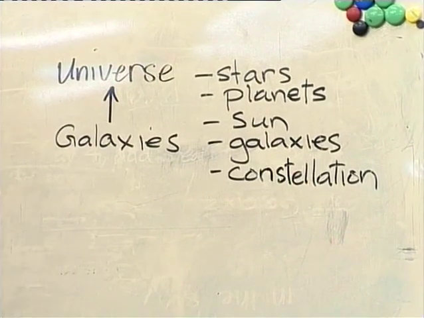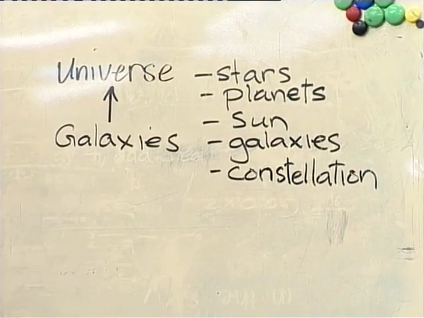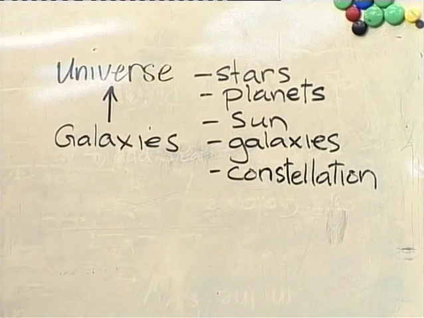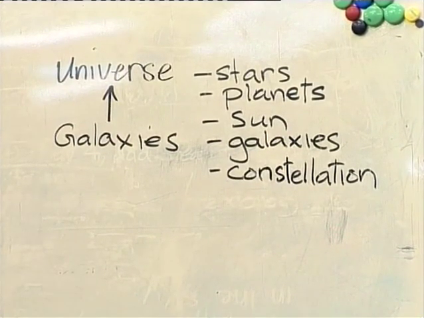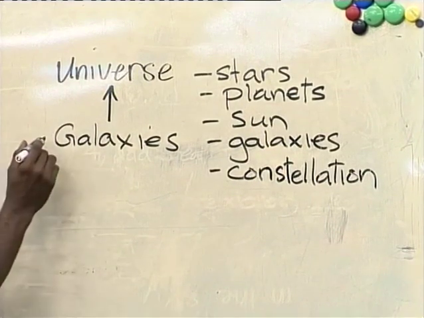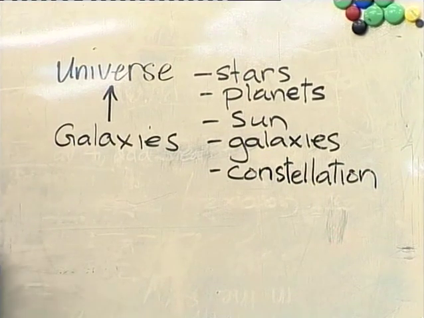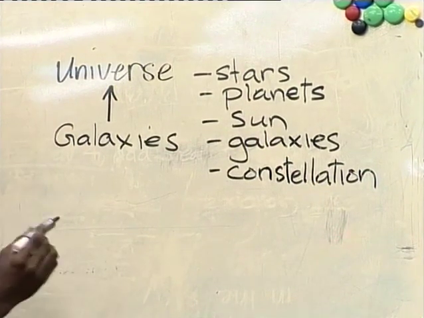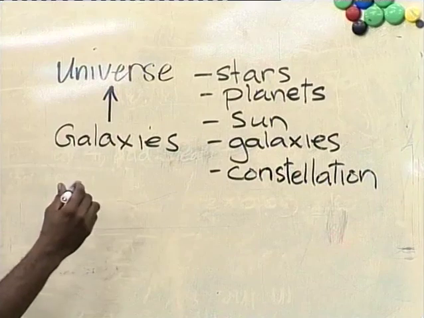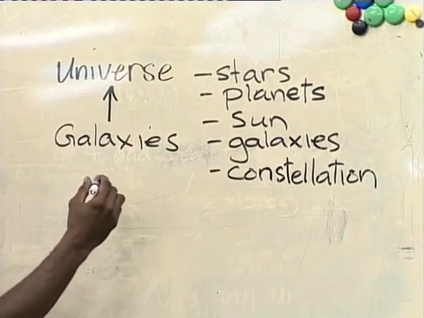But now with modern technology, powerful telescopes and space shuttles, they have gone beyond our planet and beyond the other 8 planets and found that there are millions of galaxies. The Earth is only one planet in the solar system, which is in one of the galaxies.